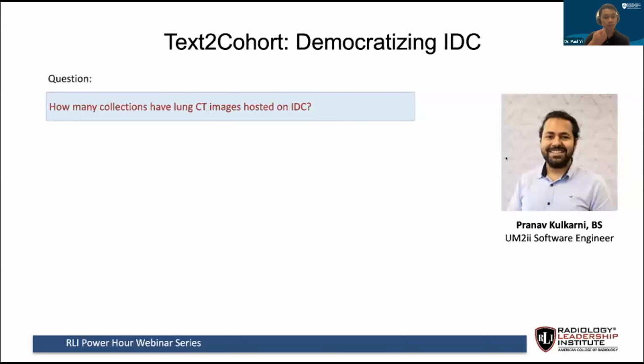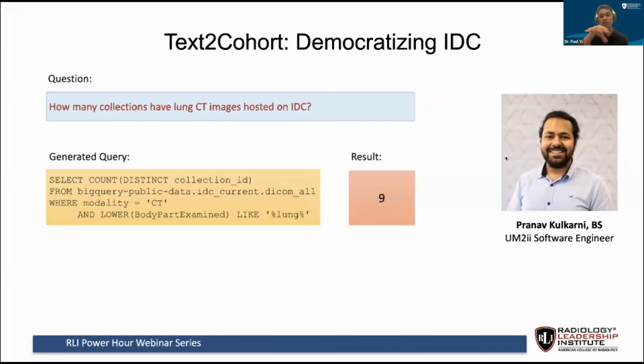So one thing that we've been working on is using large language models to actually take very intuitive commands, like how many collections have lung CT images hosted on a data set. And the large language models can actually generate these SQL queries themselves and give the output, sort of like allowing even just a doctor who doesn't know how to code to still be able to perform these tasks.